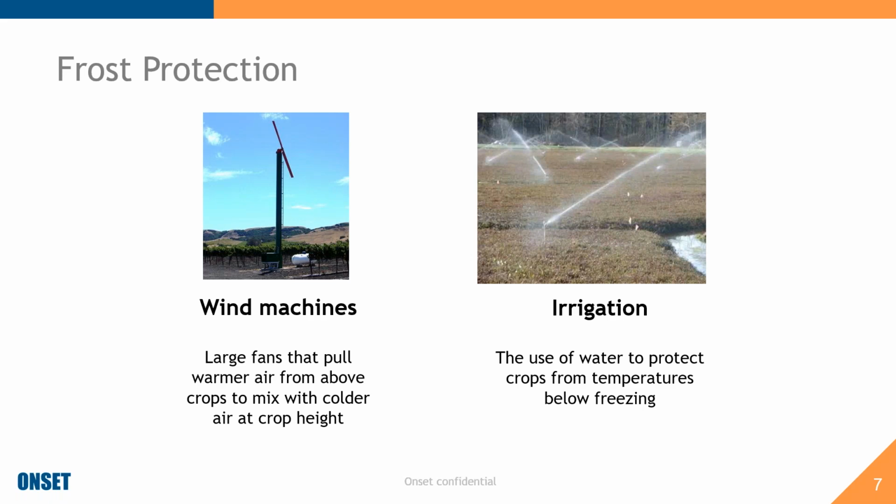With irrigation, you're basically trying to create a layer of ice around the fruit or the bud to keep the temperature from dropping below that freezing point. The actual freezing of water around the buds or fruits transfers energy into the fruit.